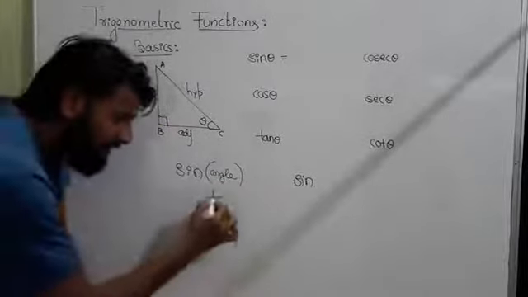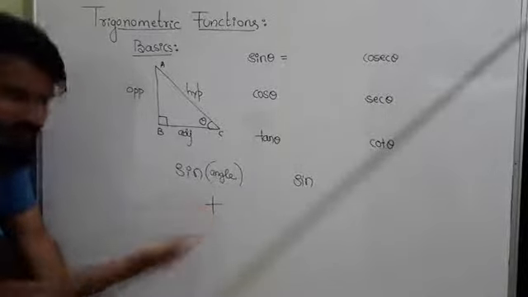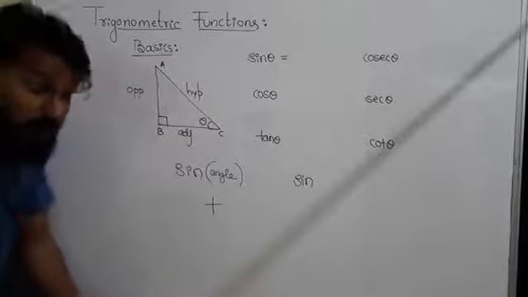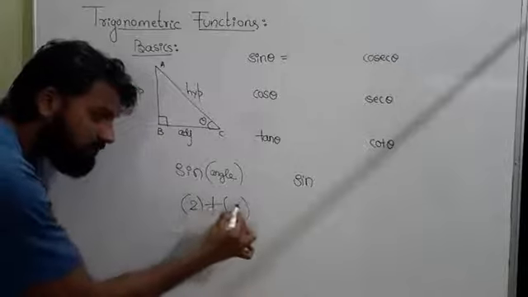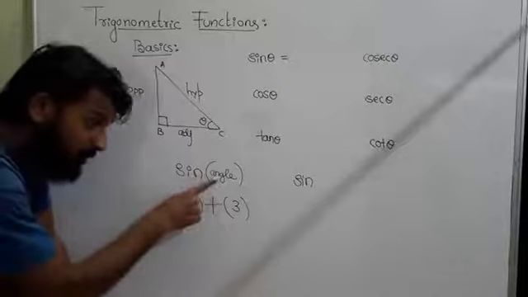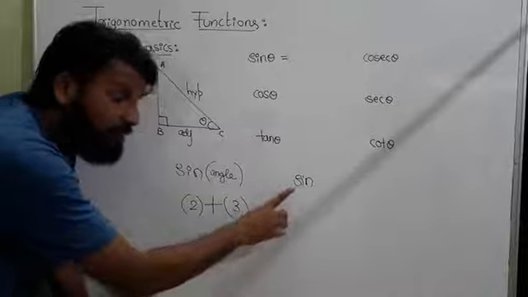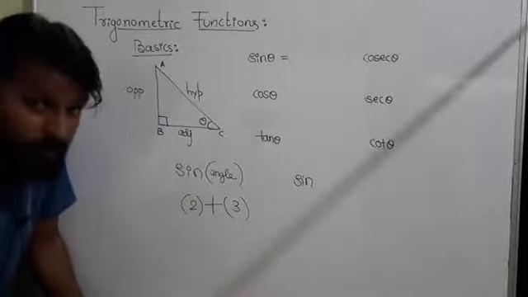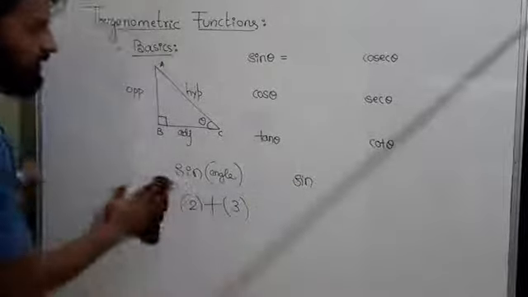Just like if I write just this plus, it is not an addition operator. It can be a doctor's symbol, perhaps. It becomes addition only when you write 2 numbers here. Similarly, only when you write an angle will it be a trigonometric function. Otherwise, it is just a simple word, sin. So always be careful and write the angle with it.